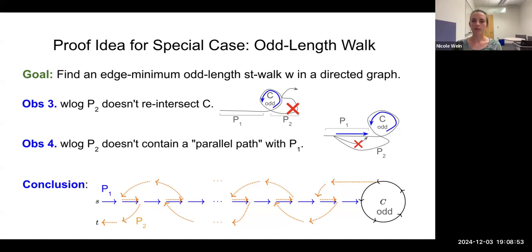And to clarify here, what I mean by cut width is the cut width of the underlying undirected graph. I'm not interested in how many times the walk itself crosses over the cut. I'm interested in taking the union over all of the edges in W, then taking the underlying undirected graph, and then asking how many times that crosses the cut.